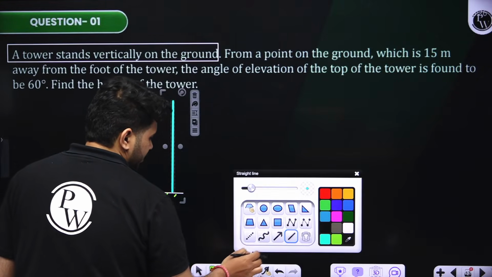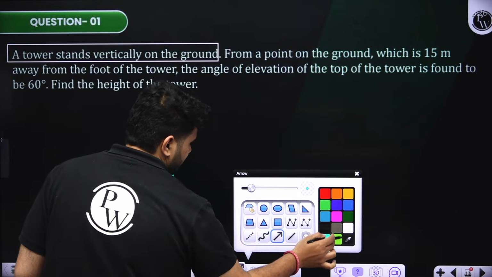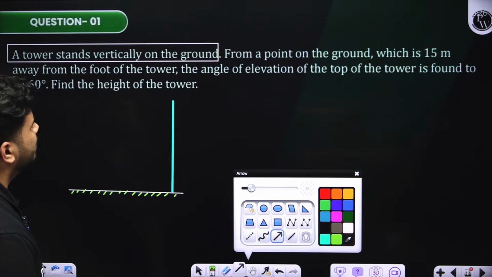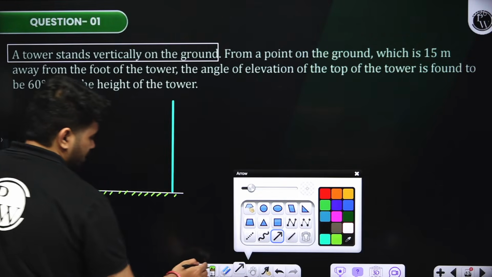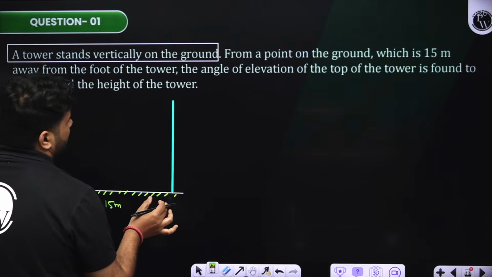They are telling that the angle of elevation, from the person standing on the ground, from a point 15 meter away from the foot of the tower.